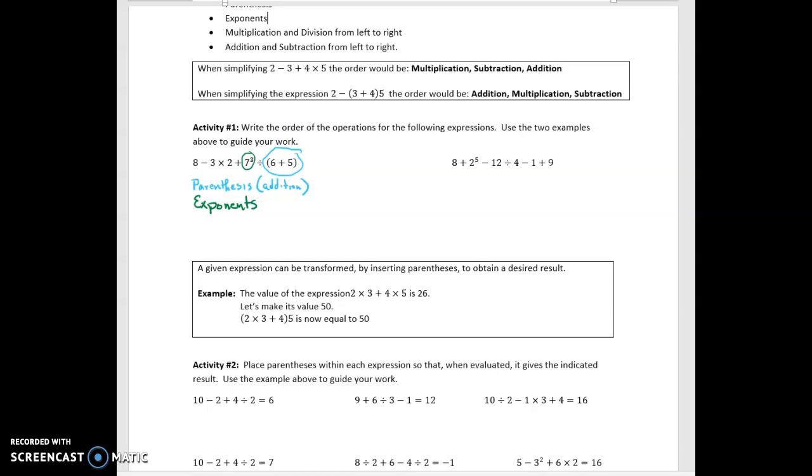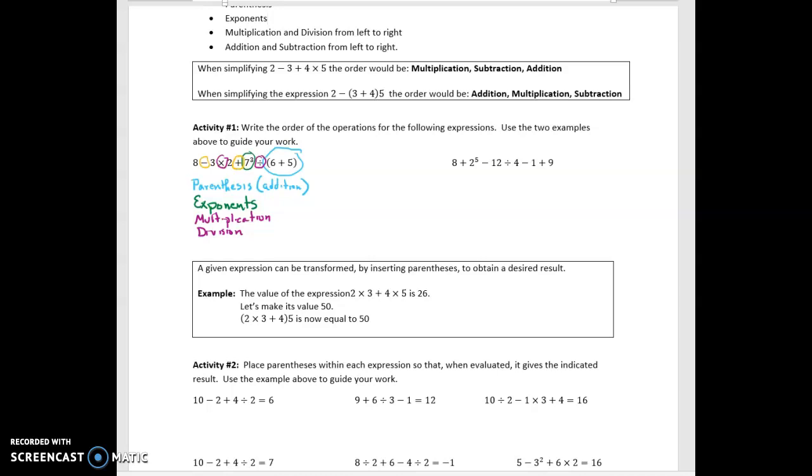And now we have multiplication and division. So in this case, multiplication is coming first, and then the division is coming second in terms of left to right. So we have multiplication, and we have division. And then lastly, we do have subtraction and addition.